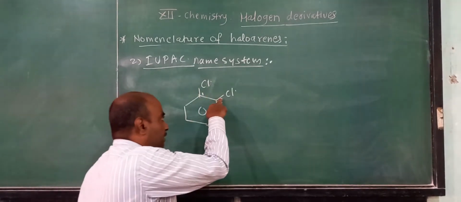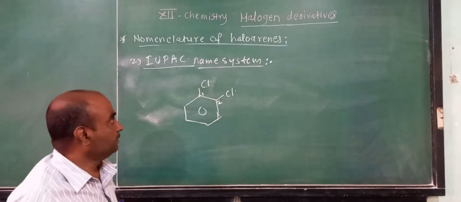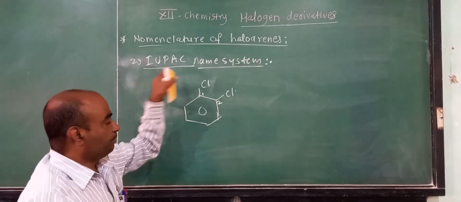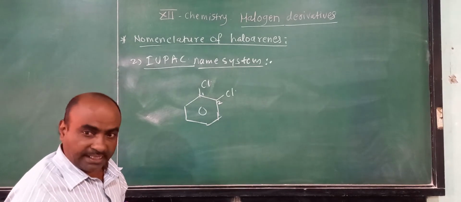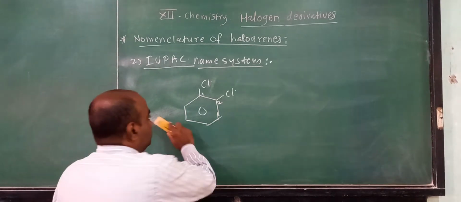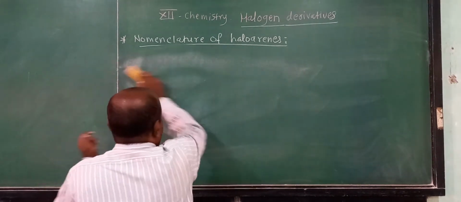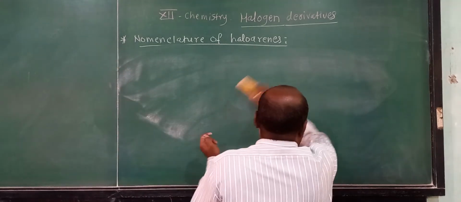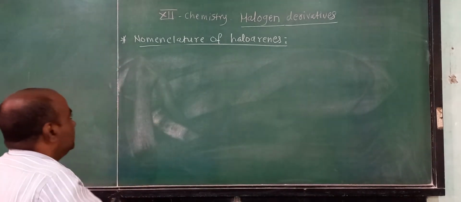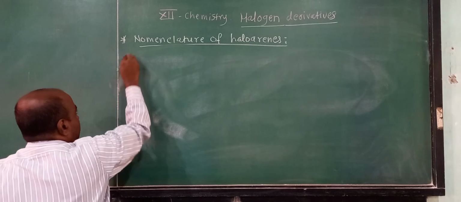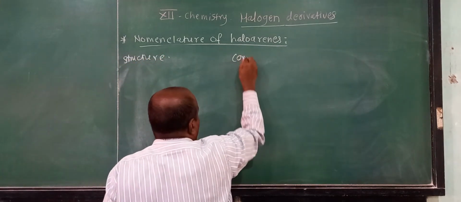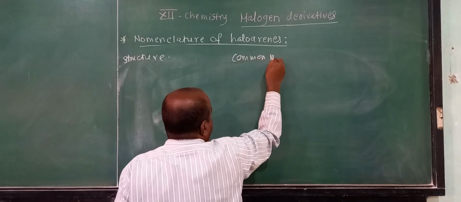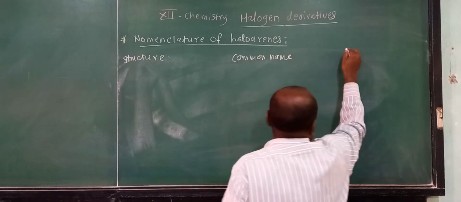So in the IUPAC name system, numbers are used here, and let us write several structures with their common names and IUPAC names.